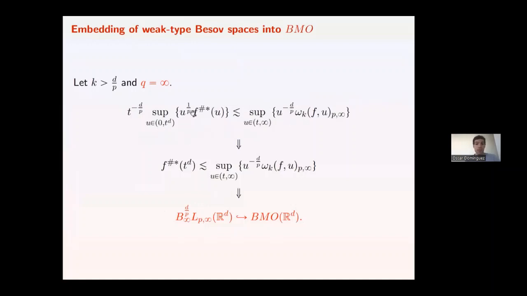Indeed, since this sup is obviously larger than when u is equal to t to the power d, we arrive at this, and here we only need to take the limit as t approaches 0 on both sides of this inequality to arrive at this embedding. So this embedding is an immediate consequence of this inequality.